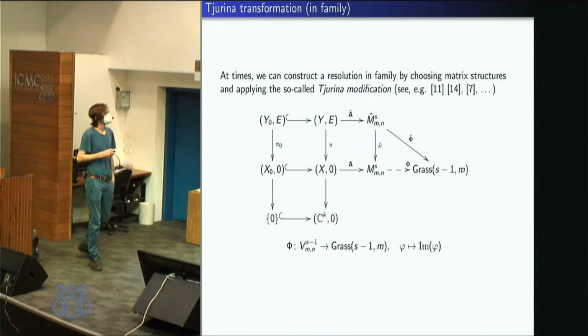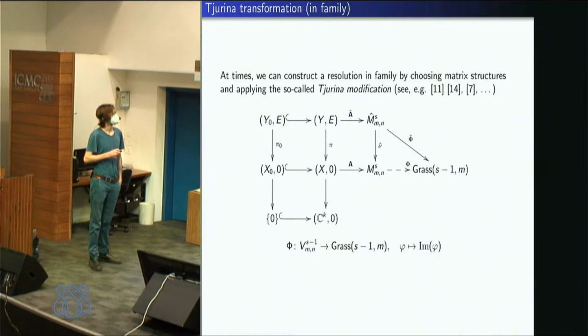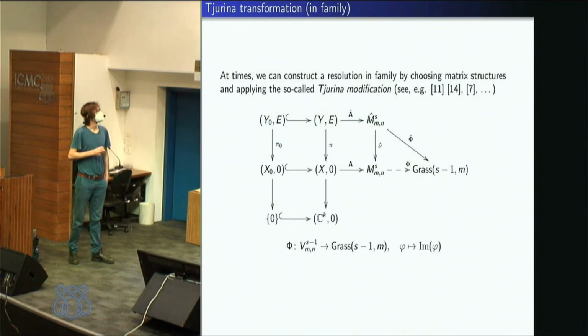Then you can take the fiber product of this resolution of singularities with any matrix that defines your determinantal singularity, and you get some other family up here. You can do this even with an unfolding of a matrix singularity. Then you get the so-called Tyurina modification in family.